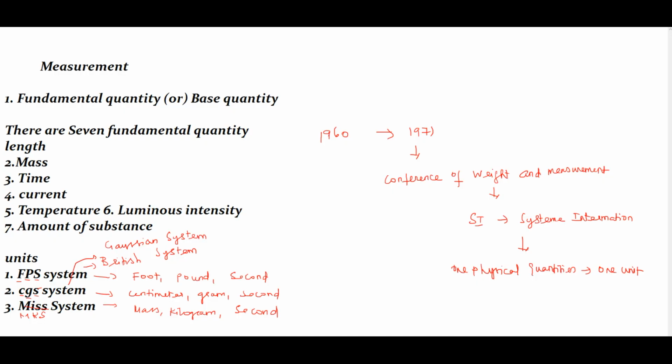Different units follow: FPS system, CGS system, MKS system. Everything comes under one physical quantity, one unit, given by the Conference of Weights and Measures in 1971, that is called Système International, SI unit.